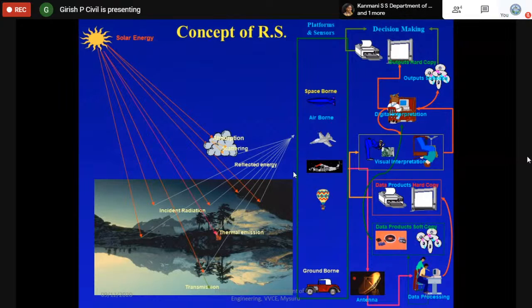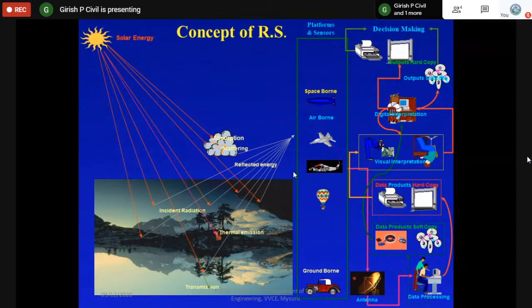When it returns back, the reflected or re-emitted radiation returns by illuminating the object. There are sensor systems at certain altitudes on various platforms. It may be a space-borne platform, an air-borne platform, a balloon-based platform, or maybe a ground-based platform.